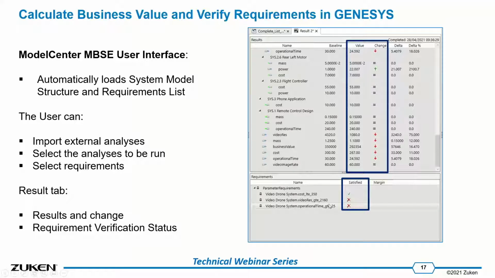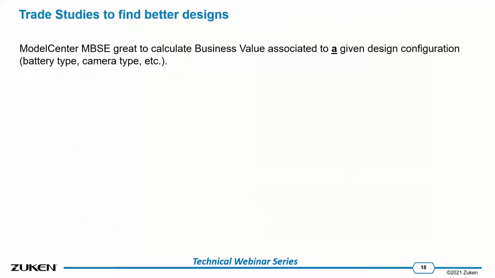We had defined some thresholds, and we can see here that 2 out of the 3 are not satisfied. And this is really useful information. You will have the possibility to save the execution plan and the results, and we will see that during the live demonstration. So Model Center MBSE is great to calculate the business value associated with a given design configuration.